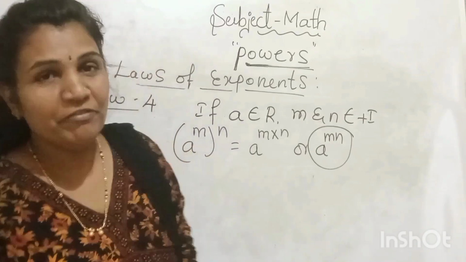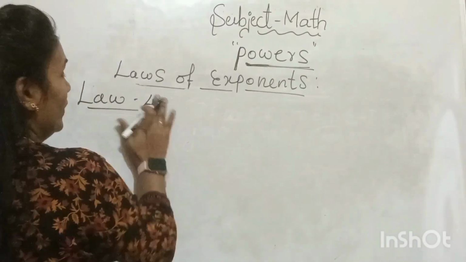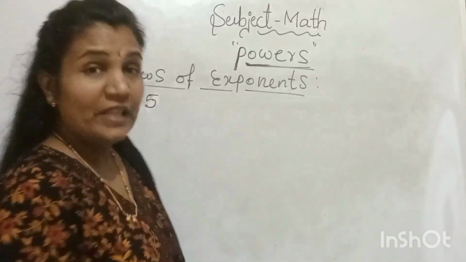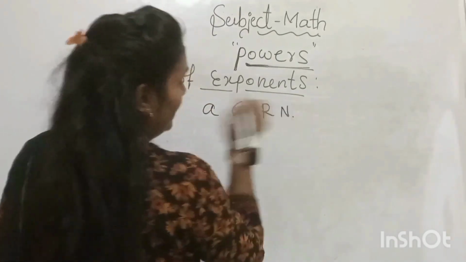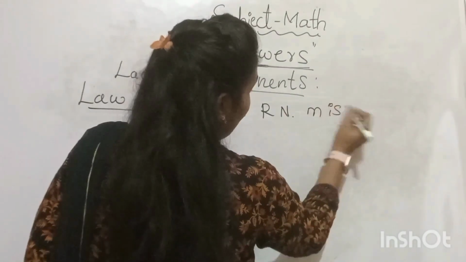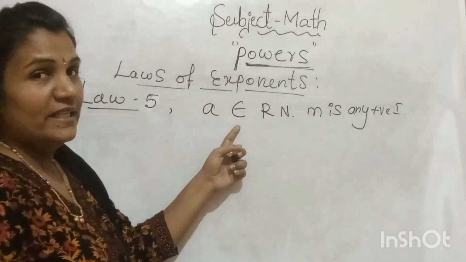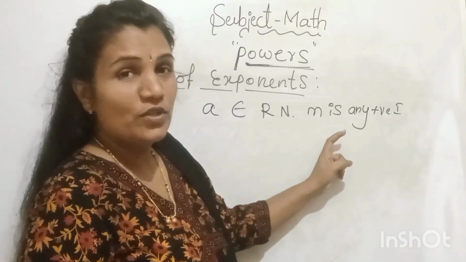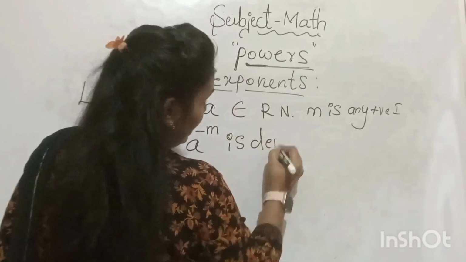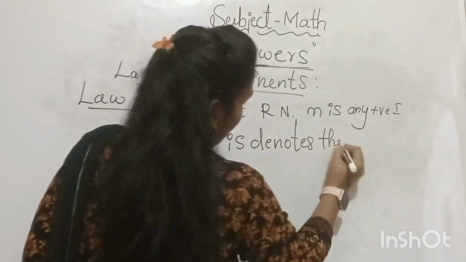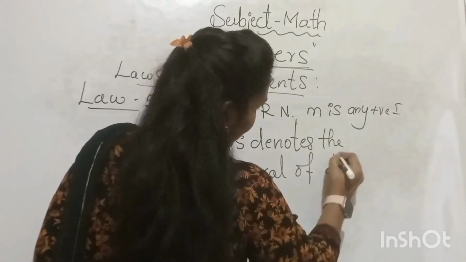Yes, now we'll move to the fifth law of exponent. What does it say? The fifth law of exponent says, if a is any rational number and m is a positive integer, then a to the power minus m denotes the reciprocal of a power m.